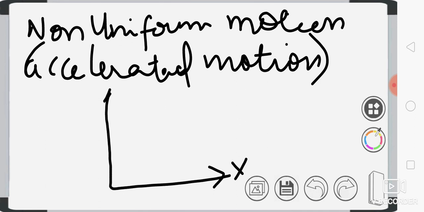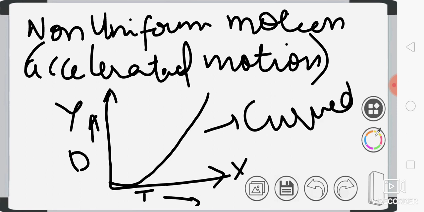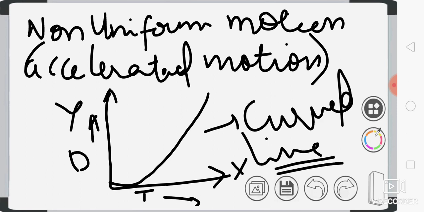This is our x, this is our y, this is d. You have to mention it properly like this, and this is the t, and the graph will be something like that. It's a curved line. So this is non-uniform motion. So I hope this is clear.